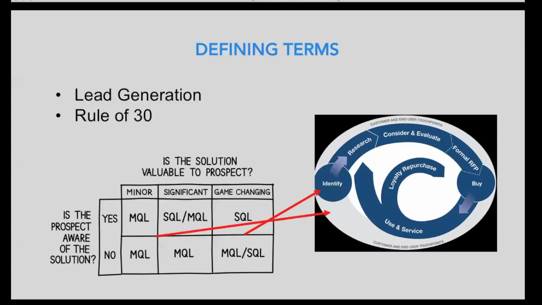Whereas these marketing qualified leads are not even on this grid. If we spend a lot of time inside the sales process, on how to get them to consider, evaluate and build a formal proposal, these marketing qualified leads are out of the circle entirely. So when we're talking about generating leads, we're talking about those two spaces.